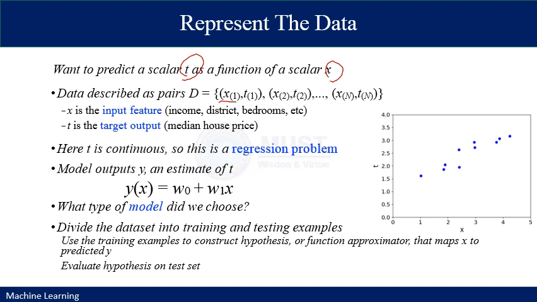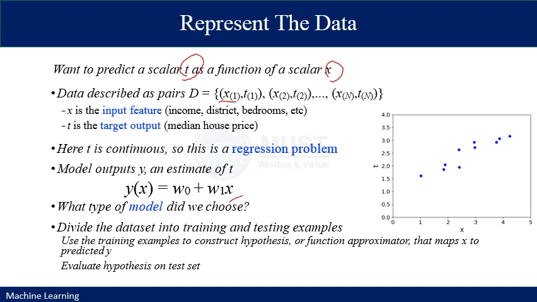So choose the model which outputs a y, which is an estimate of our target value, composed of the input feature vector multiplied by some weight added with some assumption.